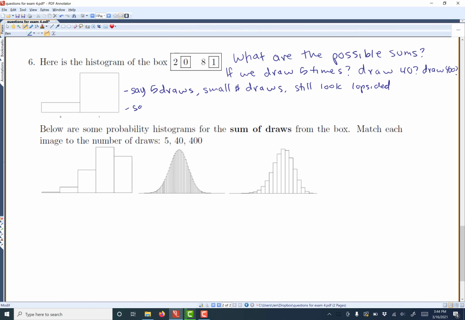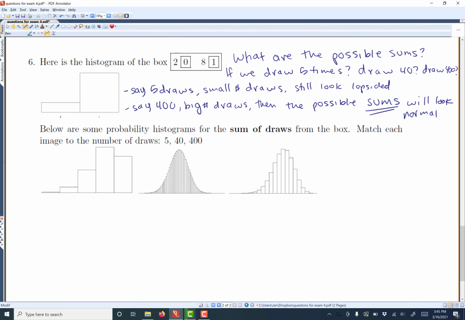But if you have, say, 400, a big number of draws, then the possible sums will look normal. That's due to the central limit theorem that says the sums, now this doesn't work for everything, it doesn't work for things like products, but the sum will always look normal if you have a big enough number of draws, which we usually say is something over 30 for most data sets.